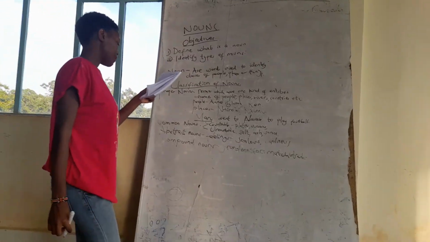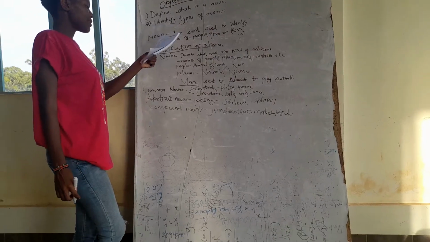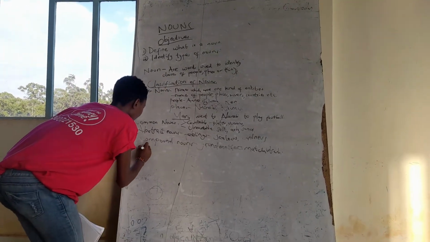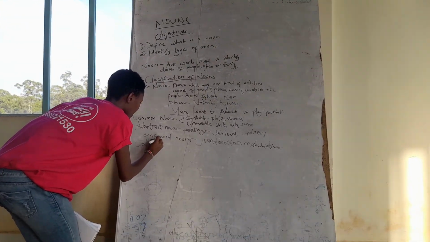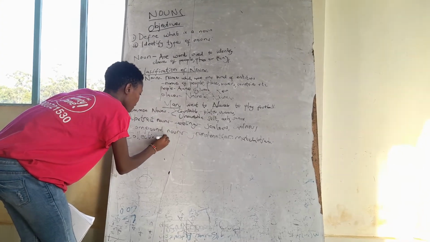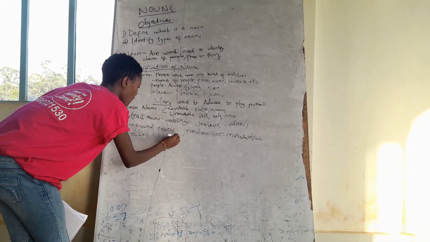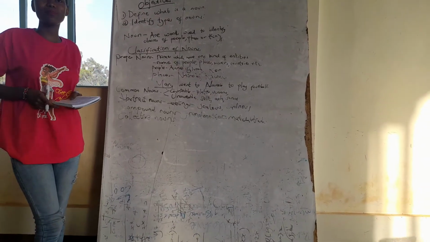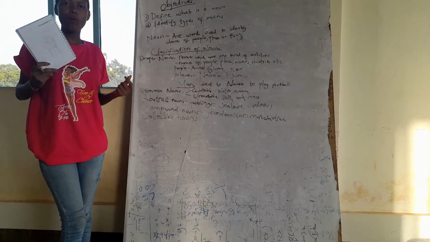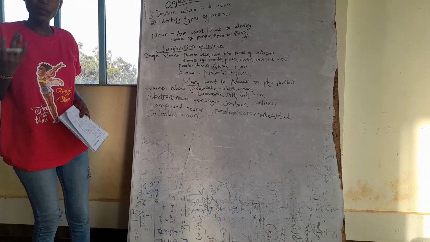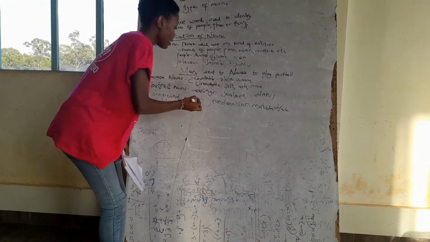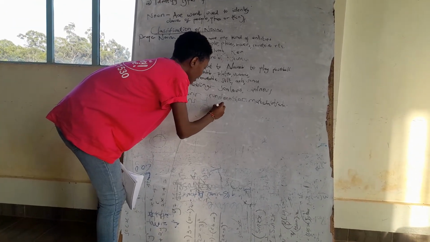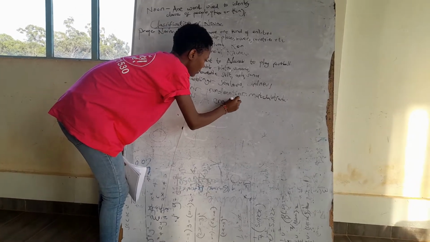The last one is collective nouns. These are words or items which are taken as a whole. Let's say a crowd of people.